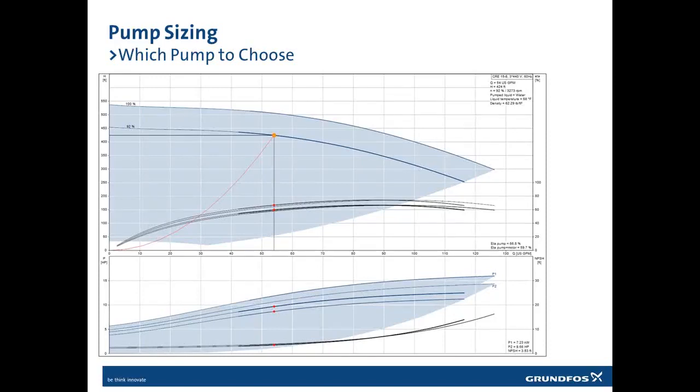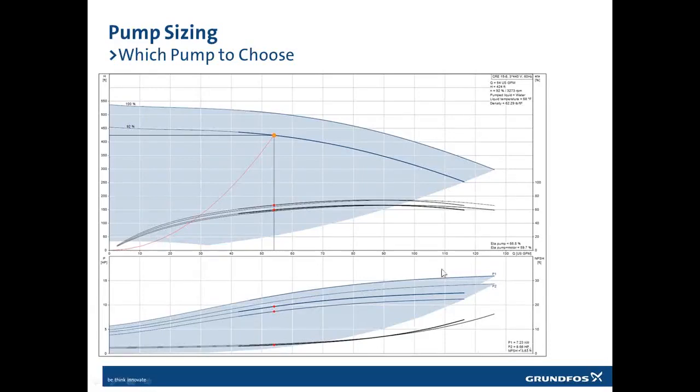Yes, I can see this one is working in my boiler application. I'm fairly low in flow, I'm far down on the left side of the NPSH curve, so that should work. Actually, the NPSH curve on this one says 3.6 feet. That means this is a good pump to choose.